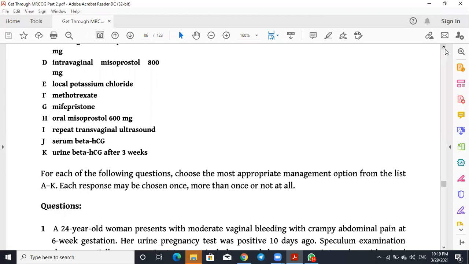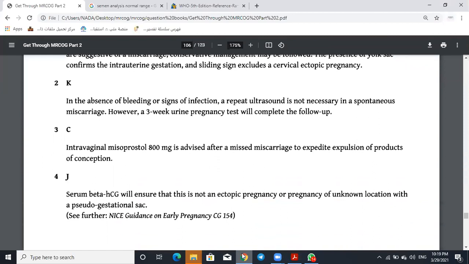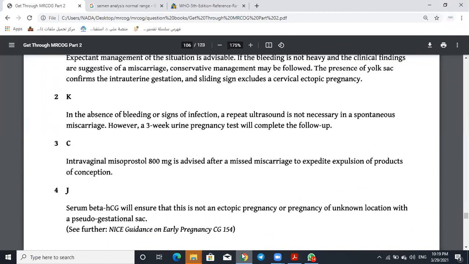Based on the level, if it is more than 1000 you should see a sac. If it is less, you wait. It is a pregnancy of unknown location, PUL. Serum beta HCG will ensure this is not an ectopic or a pregnancy of unknown location with a pseudogestational sac.